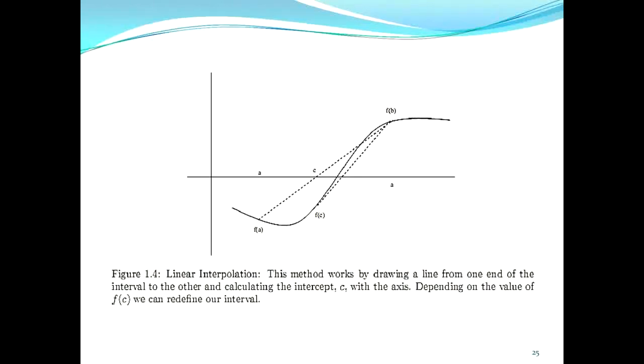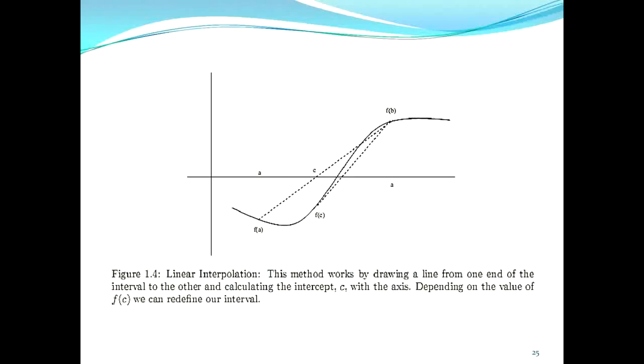Consider this diagram: there are three points on the x-axis. The interval is A and B, and C is any intermediate point. If it were the midpoint, it would become bisection, but C is any intermediate point here, by the intermediate value theorem.